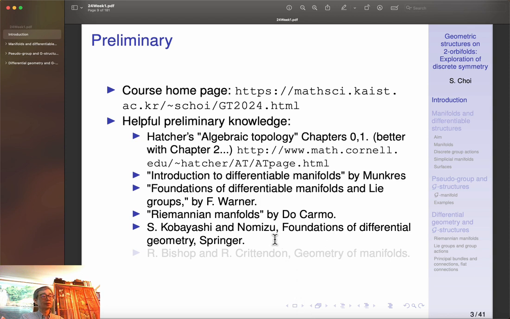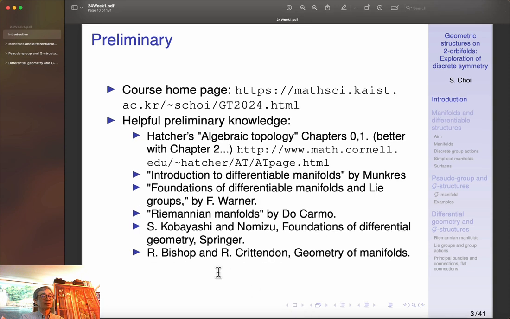This is a very good book, but of course he deals more with connections here instead of Riemannian geometry, and so these connection theories are more general than the Riemannian manifold theory.